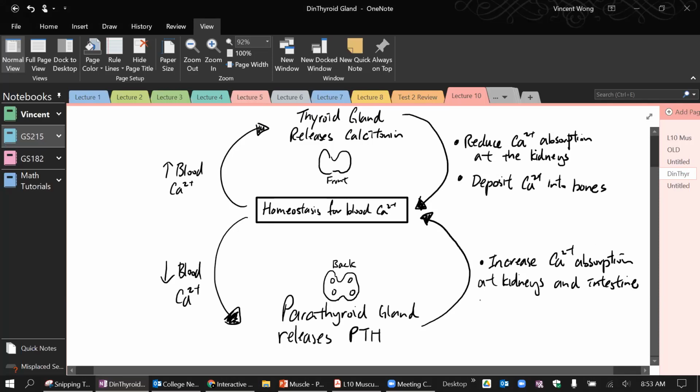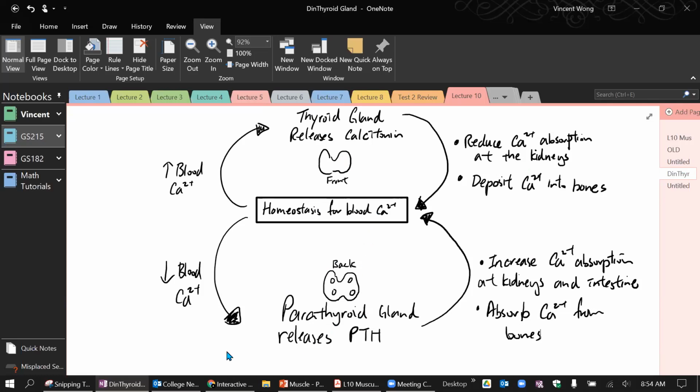Furthermore, instead of depositing calcium into the bone, it is going to absorb calcium from bones. If the PTH level is continuously elevated in a person, then the bones get weaker and weaker, because calcium is constantly being absorbed from them. So that's how PTH and calcitonin work antagonistically to maintain blood calcium level. Do we have any questions?